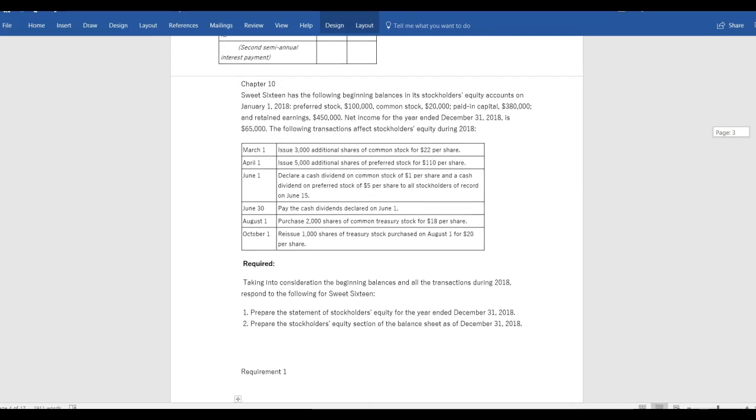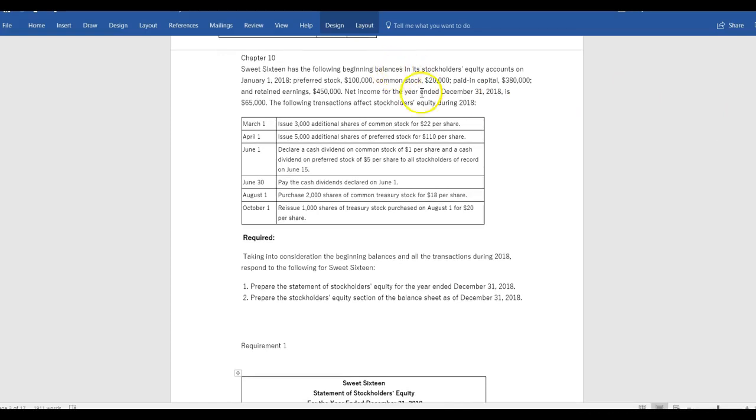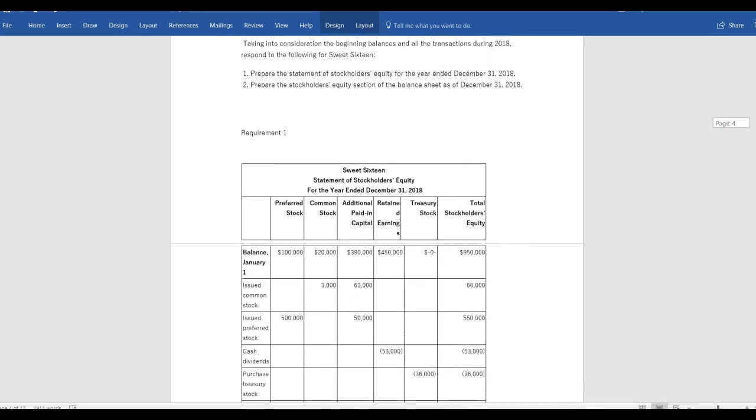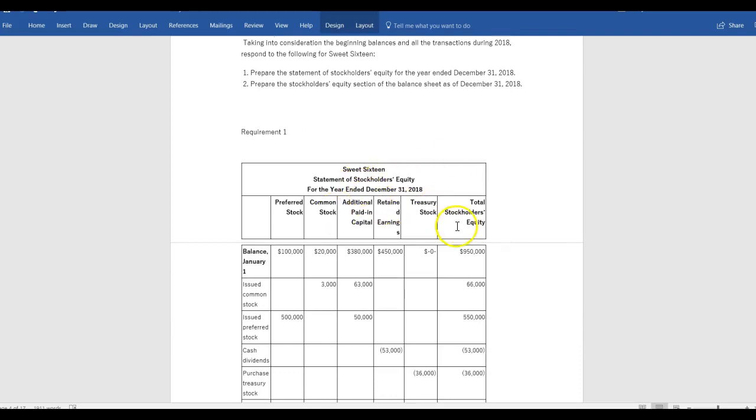Then it tells us they issued 3,000 shares of common stock for $22 a share. So we would want to show that transaction. Issued common stock, 3,000 shares. Now it's got $1 par value.